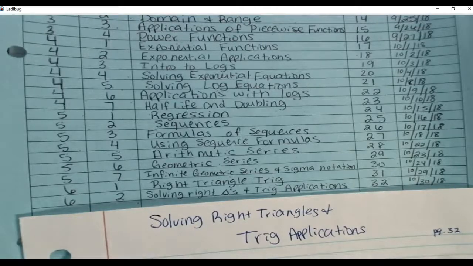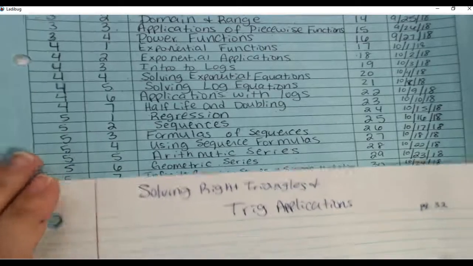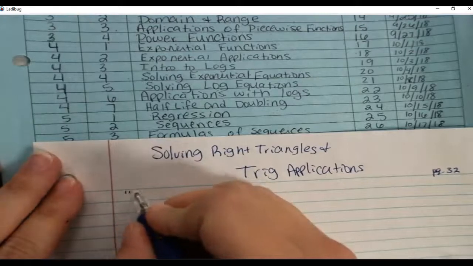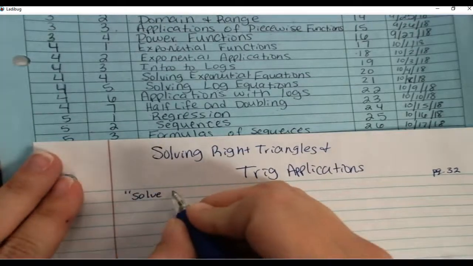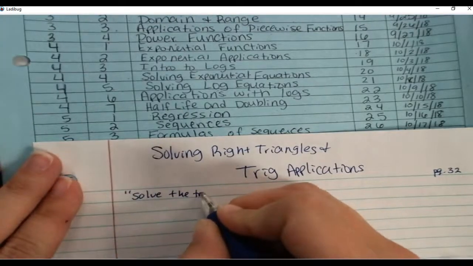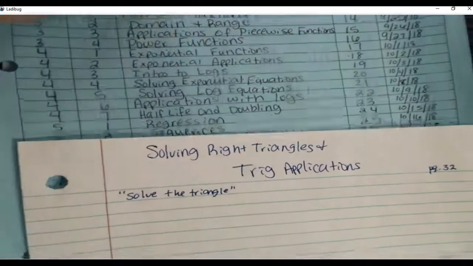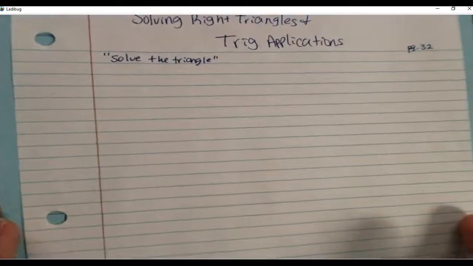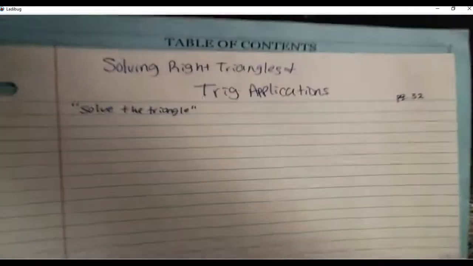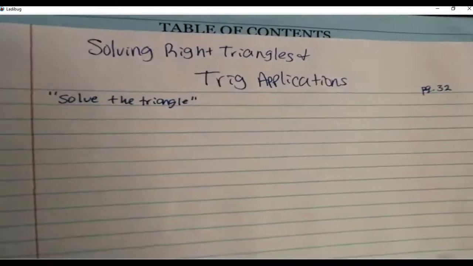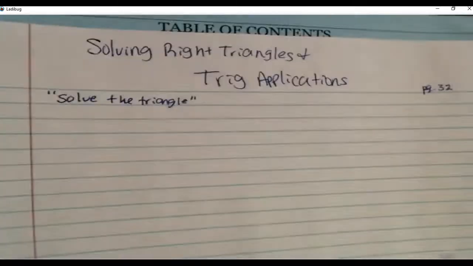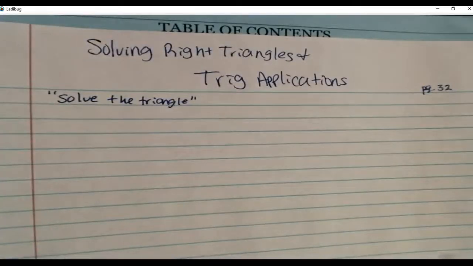So, when you have problems that say, solve the triangle, and we'll have a few of these here in the next few days. If it says solve the triangle, that means you want to find everything that you're missing.